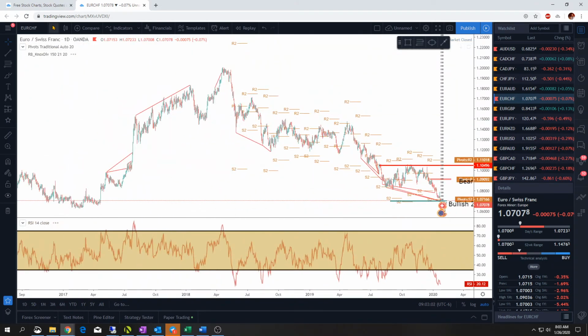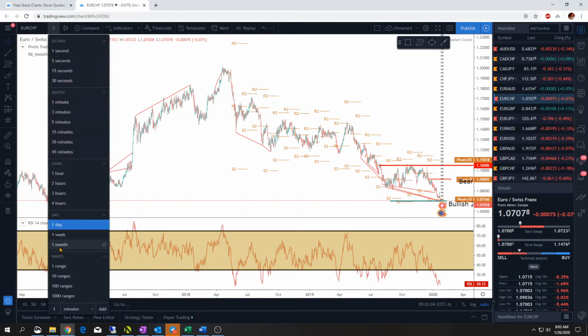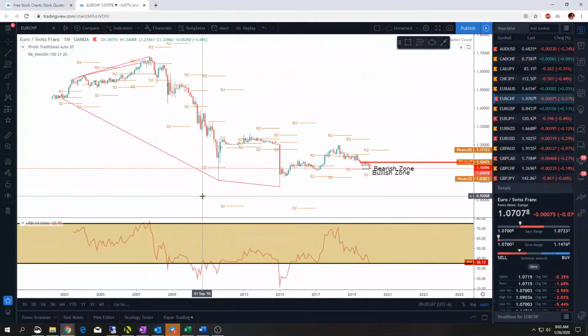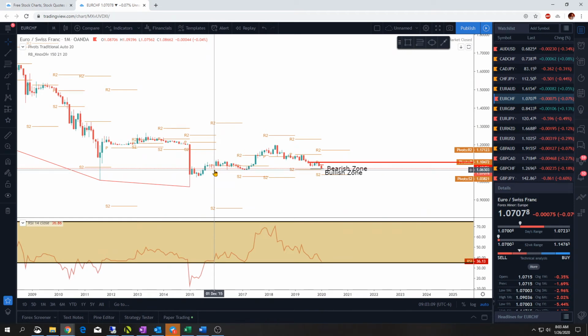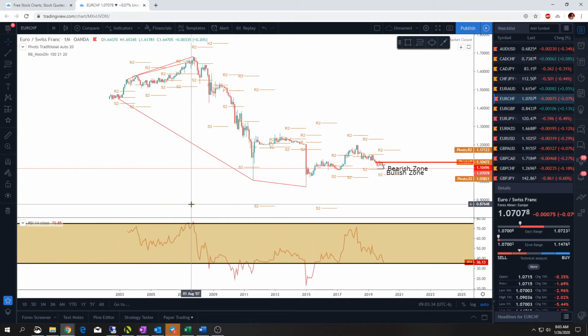If we pull back all the way, let's just go to a monthly chart, right? So we're sitting right where these lows were in 2018. Right here was a flash crash of January 2015. So it hasn't been much lower in a long time, since 2015. Take that for what it's worth.